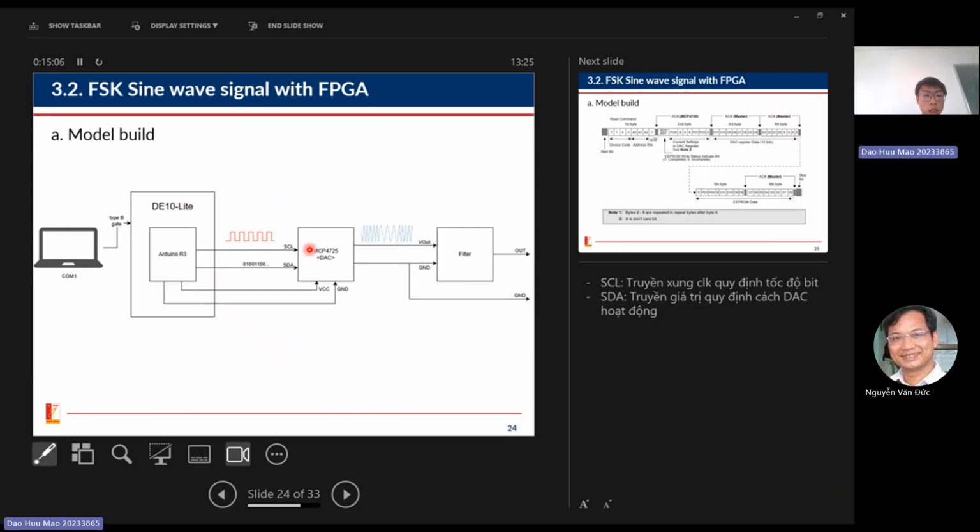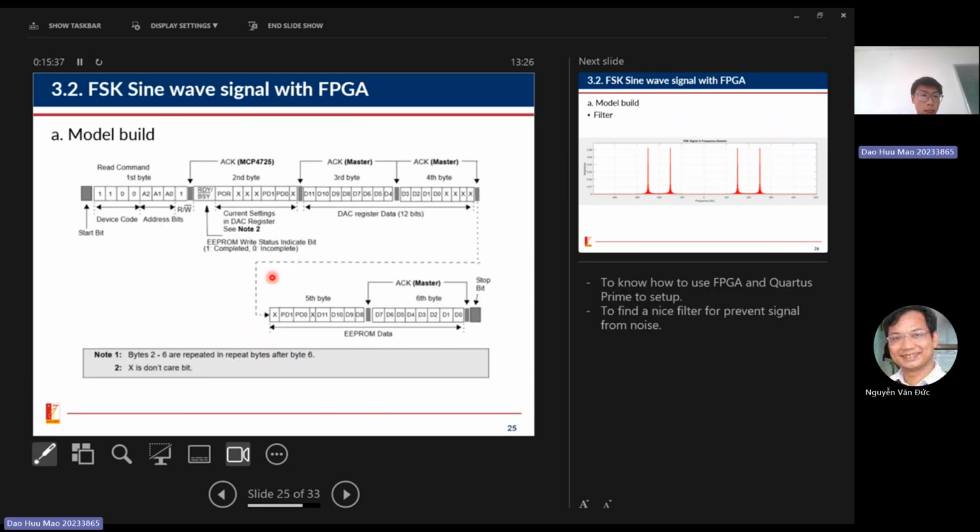That's SCL, the clock, and SDA just transmits the bits to show how the DAC works. And then we have the FSK signal. So how will SDA work with just 0 and 1? That's how the DAC works.